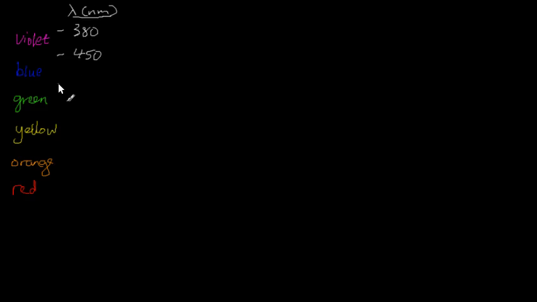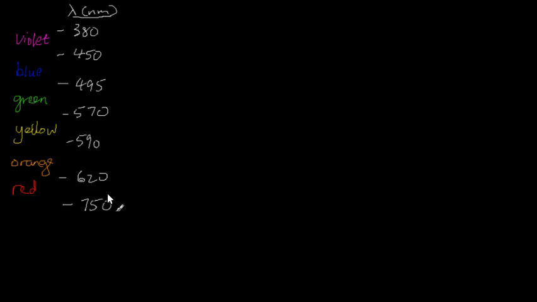The range of blue light goes from 450 to 495 nanometers. Green light goes from 495 to 570. Yellow would go up to 590. Orange up to 620, and red 750.